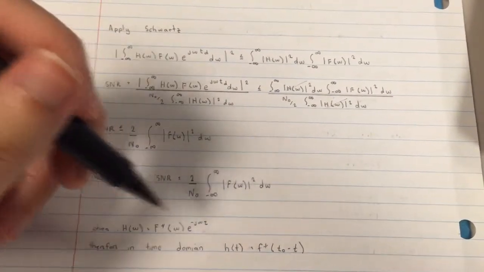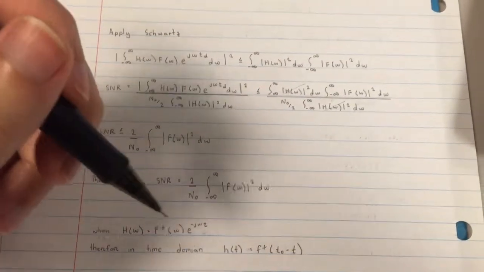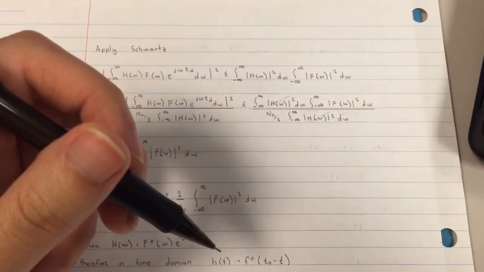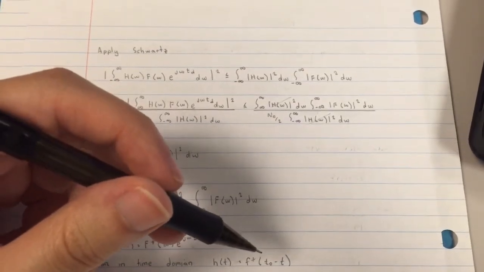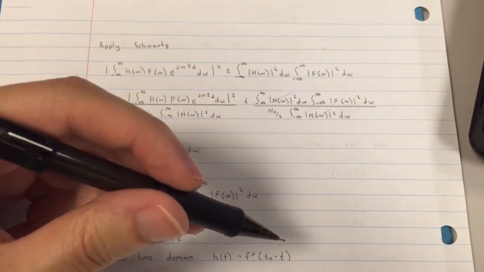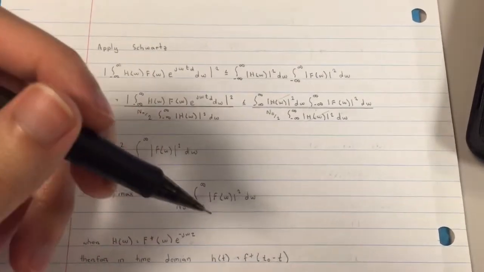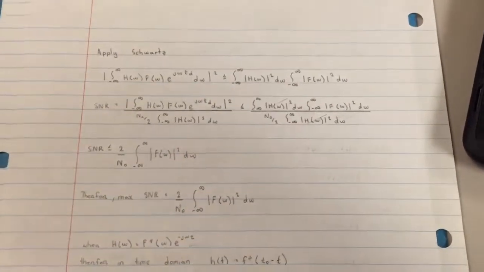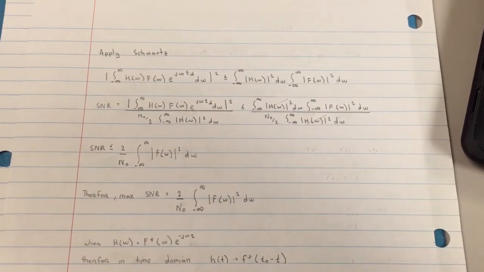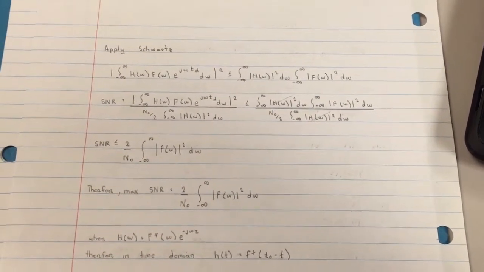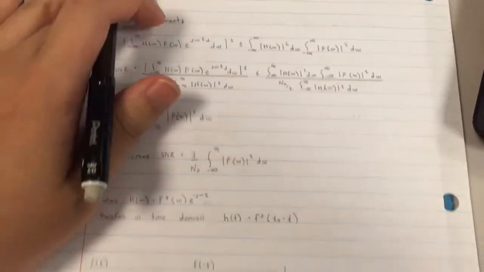And this, in the time domain, simply becomes what we were given before, which is h of t is equal to f conjugate of t0 minus t. And so we have proven that this is the best receiver that maximizes the output, and that this is also the proper filter.